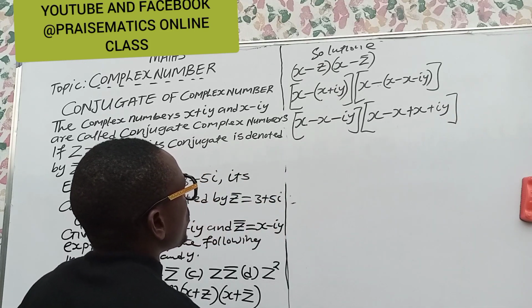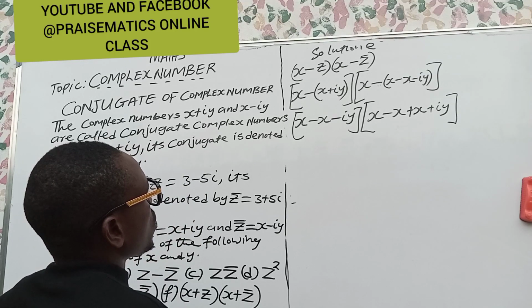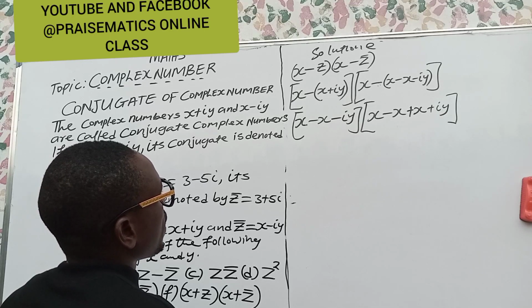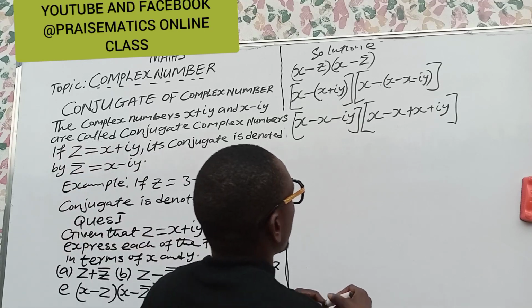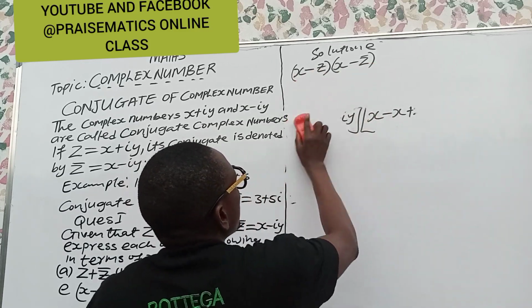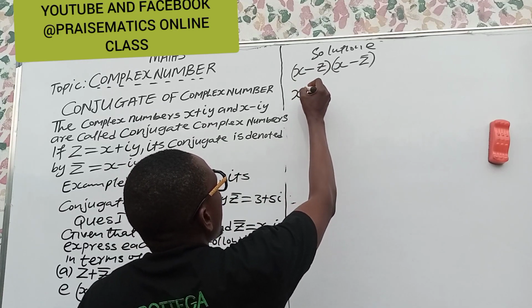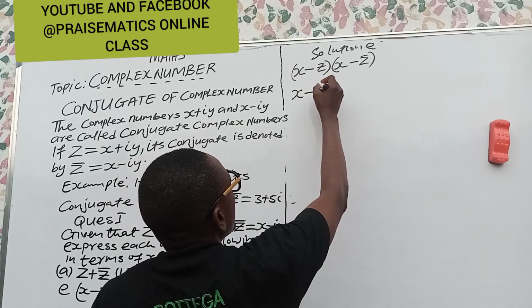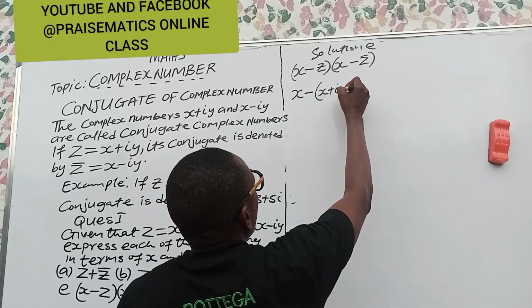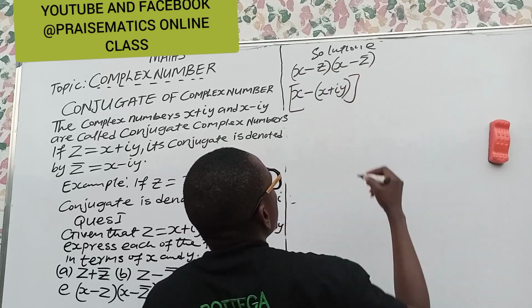Now, what do we do? Look at where we made a mistake. Now let's continue here. So x minus, into x plus iy, close it with a very big bracket.